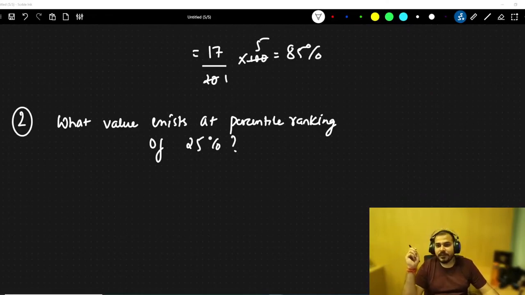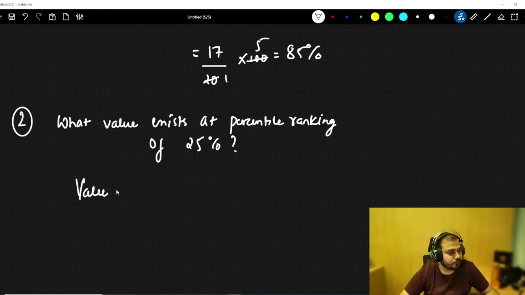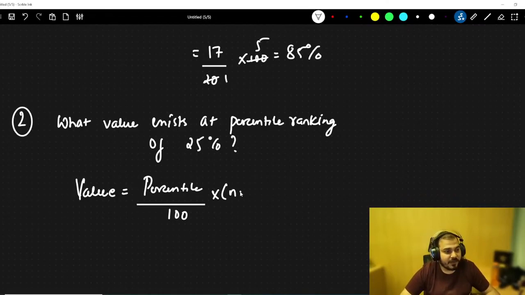So what value exists at the percentile ranking of 25 percentage? How do you calculate this? For this you use a very simple formula: value is equal to percentile divided by 100 multiplied by n plus 1.